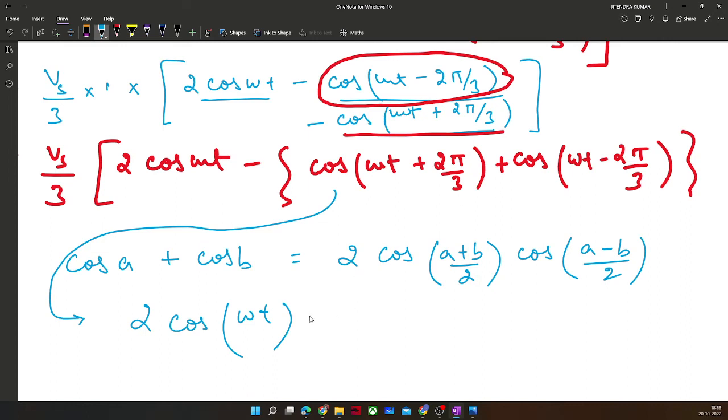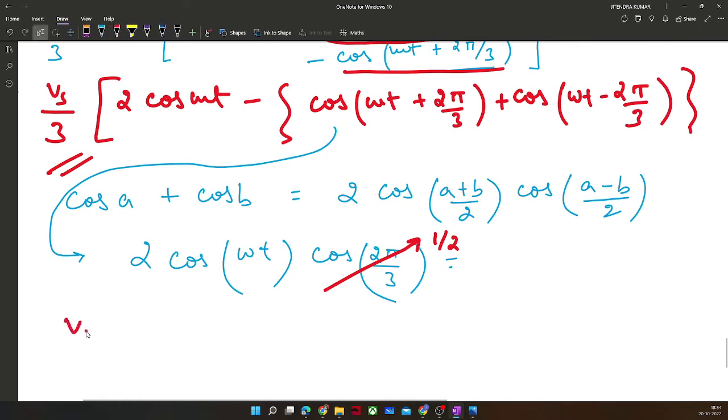Then cos of A minus B by 2: the omega t and omega t will get cancelled, and it will be cos 2 pi by 3. This is nothing but cos 120 degrees, and cos 120 degrees is nothing but minus half.